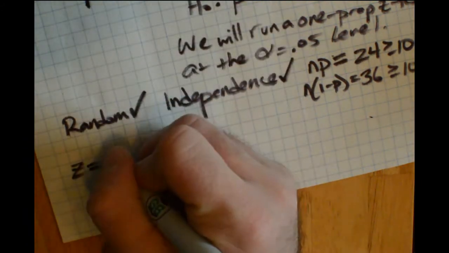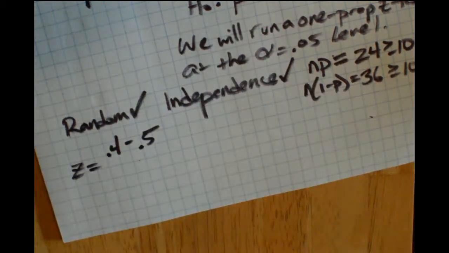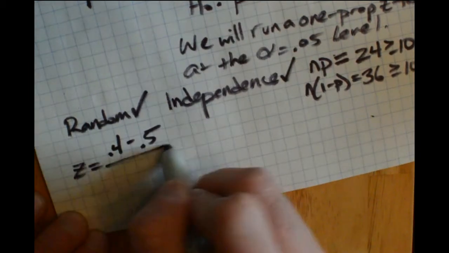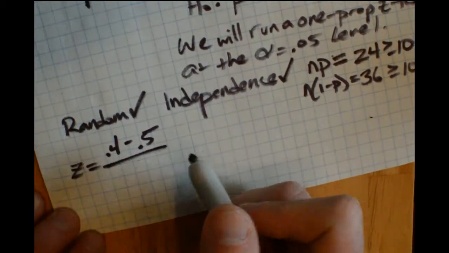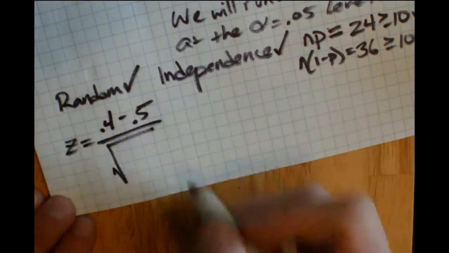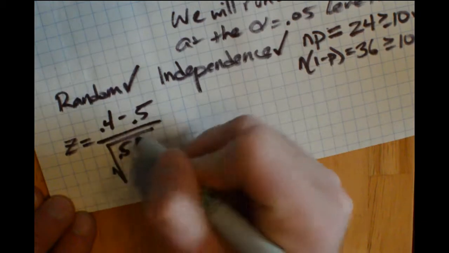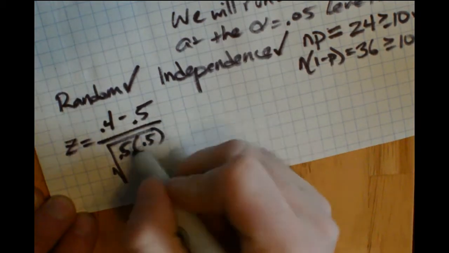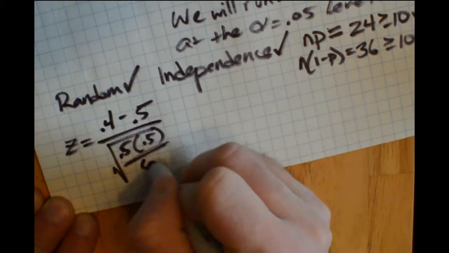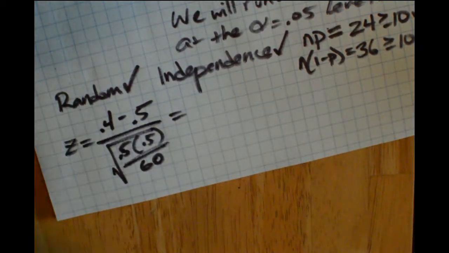So it's clearly different from our parameter that we had in our null hypothesis of 0.5, but is it different enough to not have just been random chance? So we're going to divide that by our standard deviation, and since we're basing this on our null hypothesis, that is 0.5, we're going to use that here. 0.5 times 1 minus 0.5 is just 0.5, divided by 60, and let's see what that gives us as a test statistic.